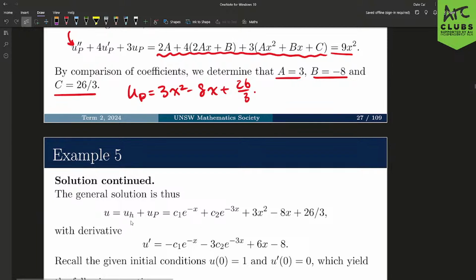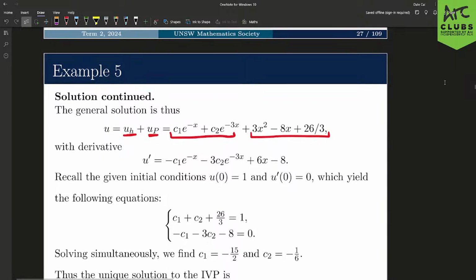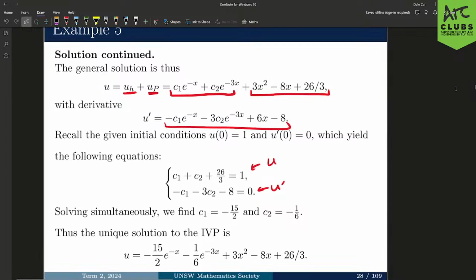So our general solution, which is the homogeneous part plus the particular part, is this. And now we're going to use the initial conditions. So we find its derivative, which is this expression, and then if we sub in 0 into the original and its derivative, then we'll get these expressions, which again you can solve.